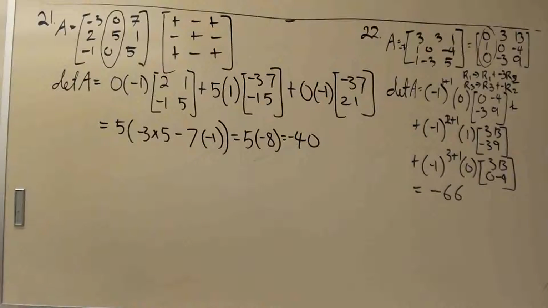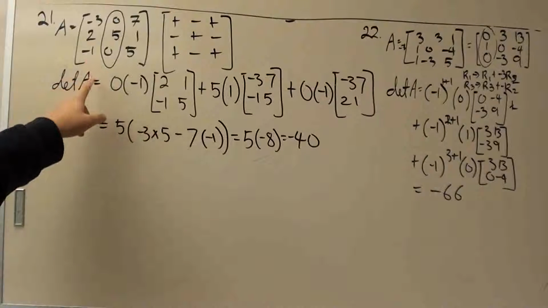If you see 0, 0, 0, that's a jackpot, but most of the time they'll give you either none or 1. Hopefully, if you're good at eliminations or rearranging the rows and so on, you'll get 2 zeros, and once you get 2 zeros, it will be much easier to calculate, as will be shown over here.